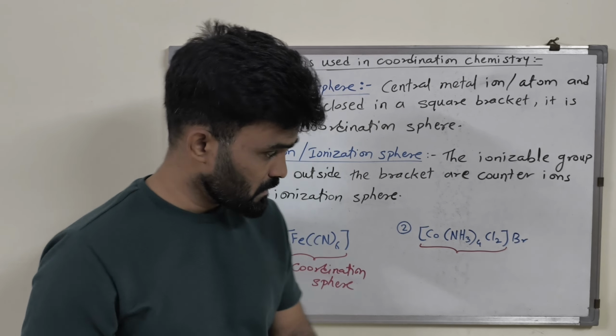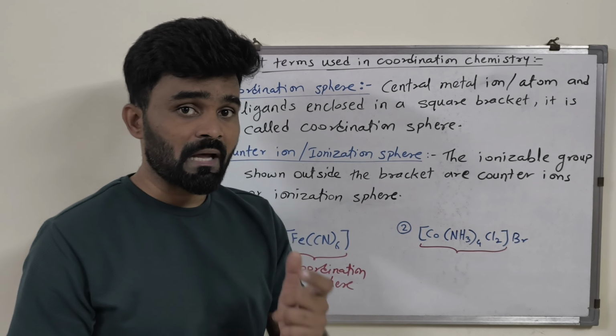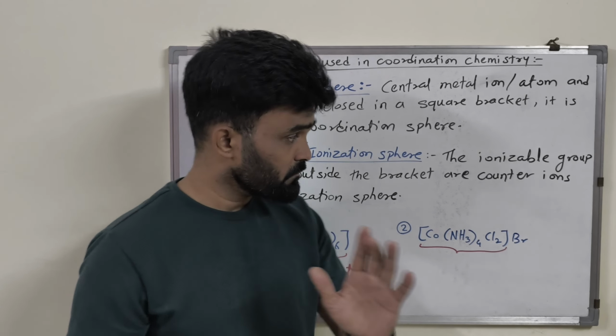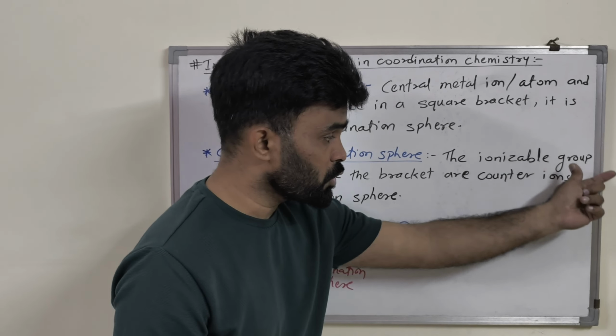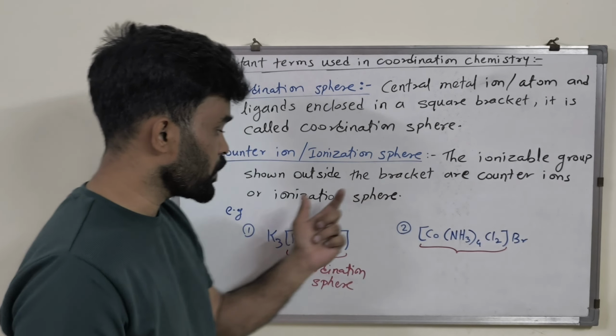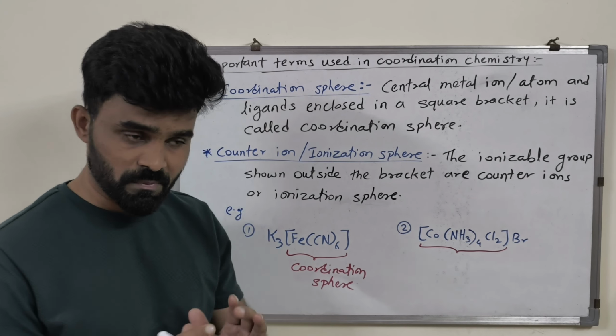What is meant by that? If the inside of the square bracket was the coordination sphere, then what will be the ionization sphere? The one outside the square bracket. Okay, so the ionizable groups shown outside the bracket are counter ions, or we call it ionizable sphere, ionization sphere.